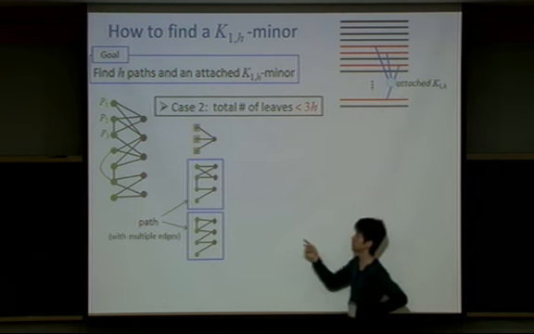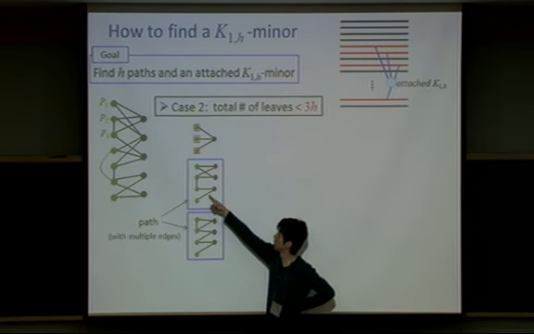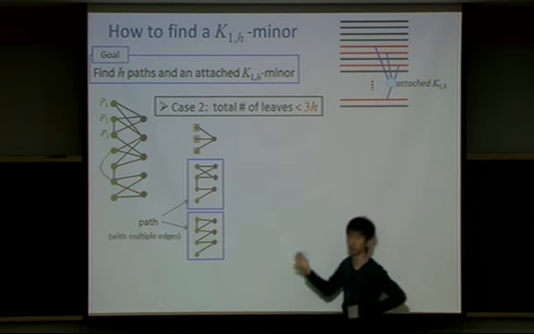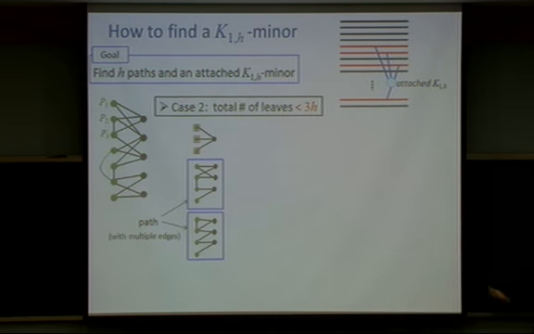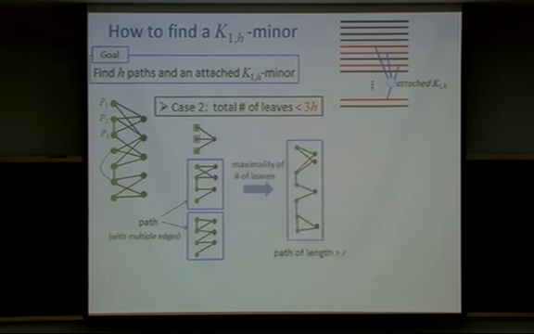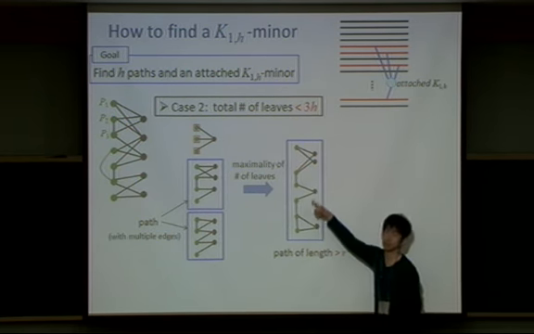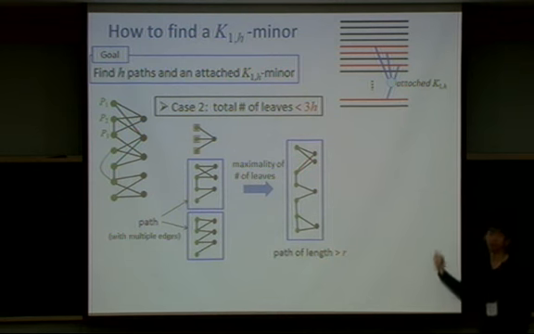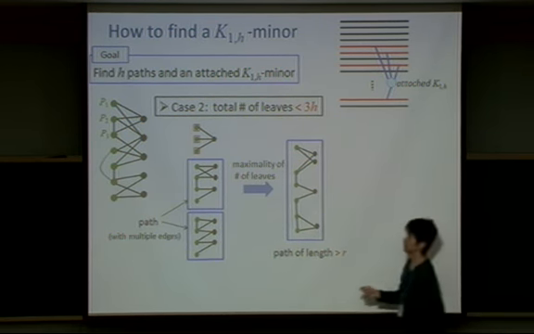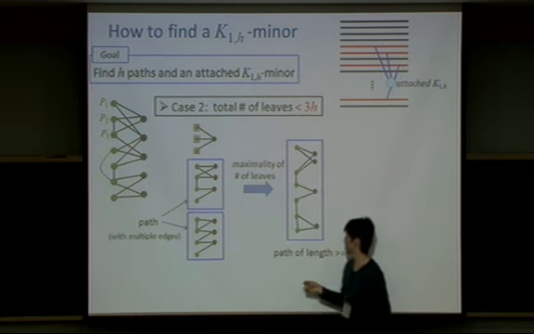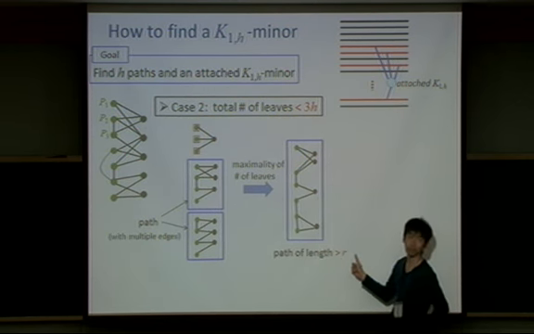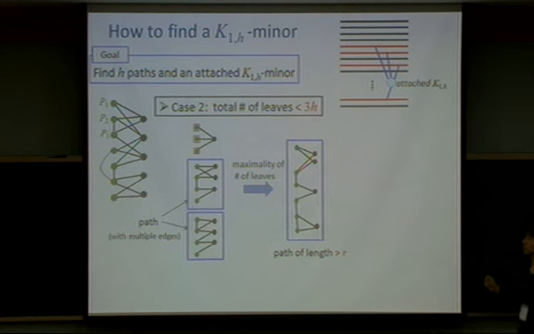That is, there is no vertex on the left-hand side with degree at least 3. So these green vertices are ordered along the path like this. Since the remaining part is very large, there exists a path of length at least r. This is by a simple calculation.